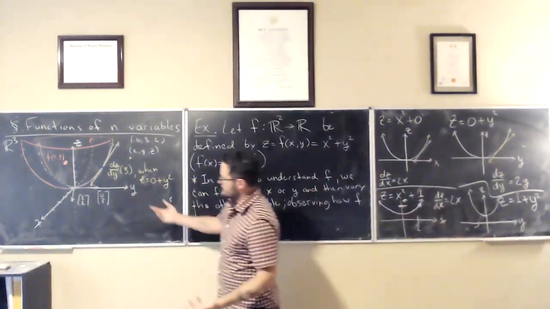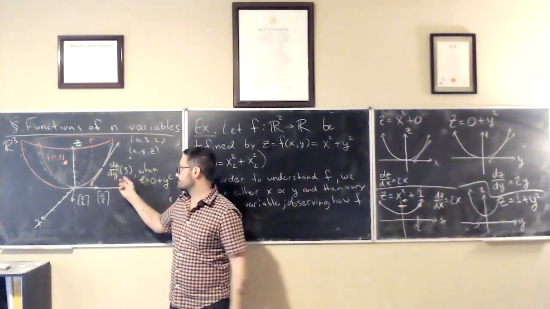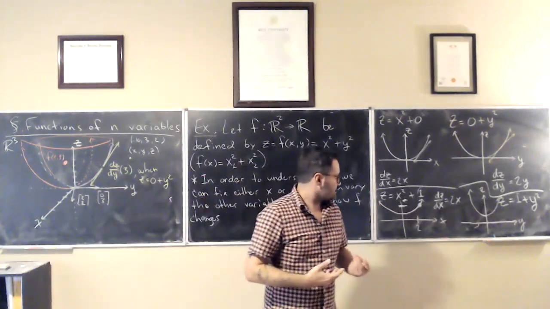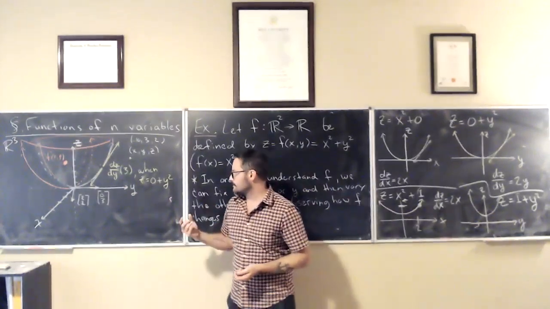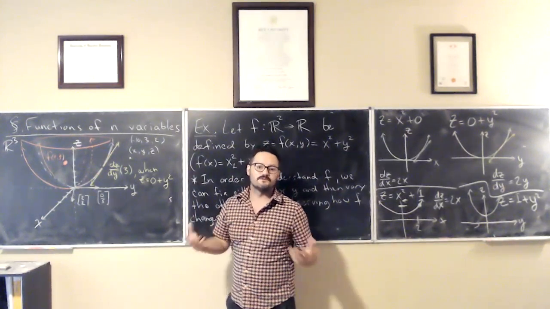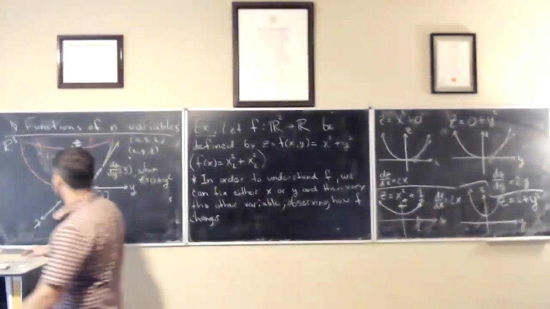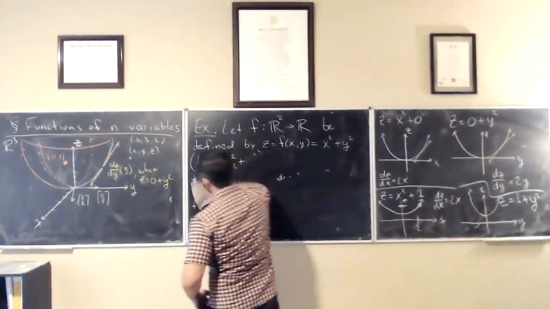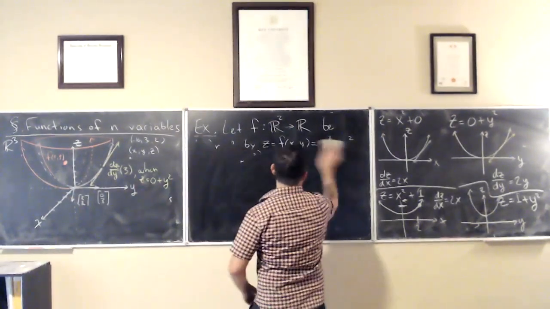Both of these are derivatives, simple single variable derivatives. But to distinguish single variable derivatives from multivariable derivatives, we introduce notation. And the notation that we introduce is that of the partial derivative.